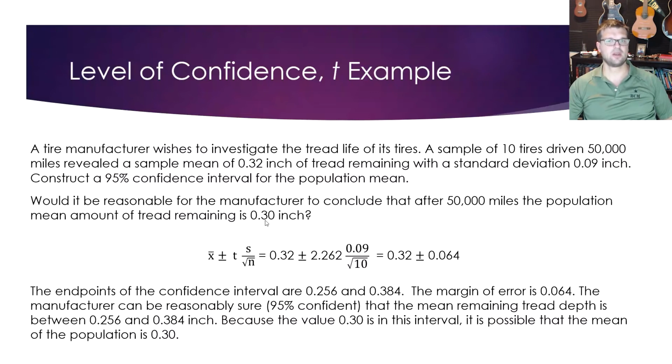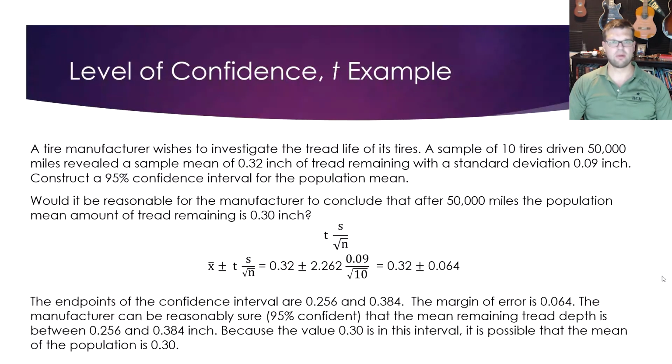But let's see. So we have the mean. We're going to put the mean right there. The very first thing I'm going to do is calculate the margin of error. Remember from the previous slide, 2.262 is the t-score.